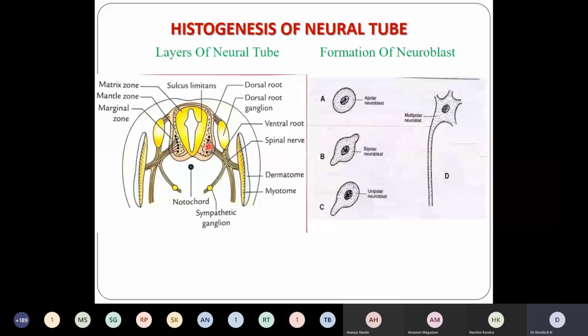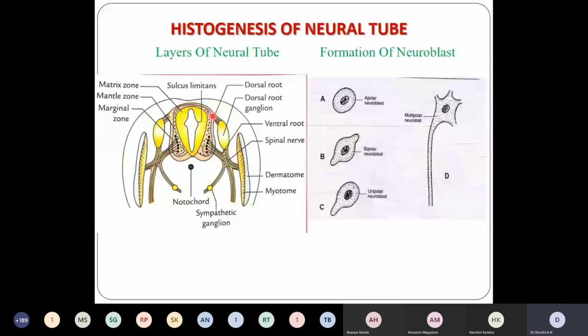Cell bodies will lie here, and all these axonal processes which are covered by myelin sheath extend on to the marginal layer. One thing you should remember here, motor neurons are differentiated earlier than sensory neurons. That means the neurons situated in the basal lamina get differentiated earlier than the sensory neurons which lie in the alar lamina.